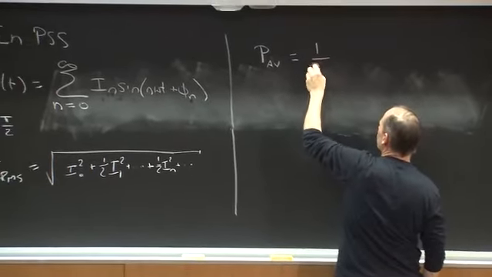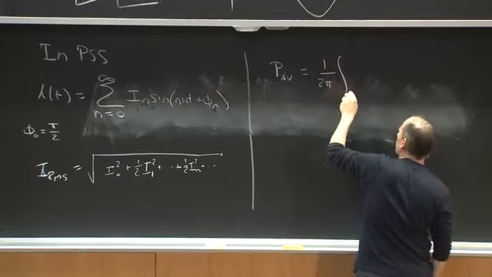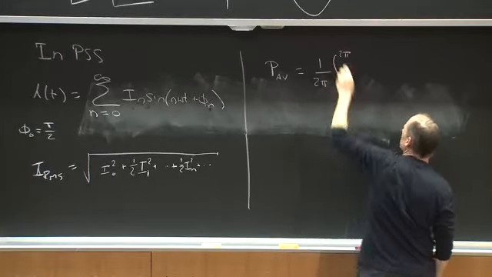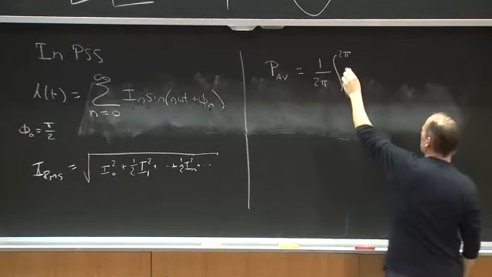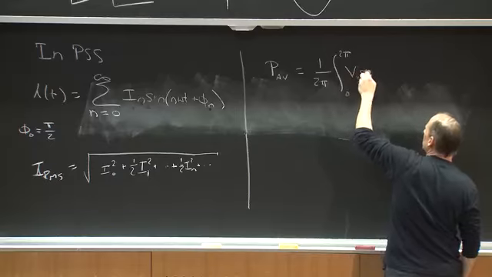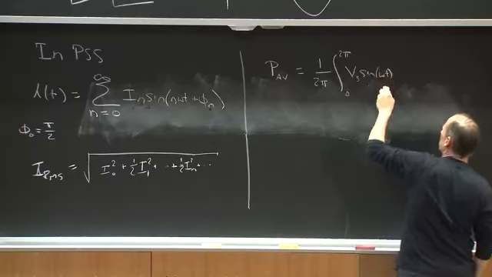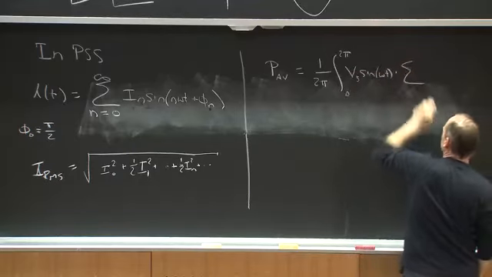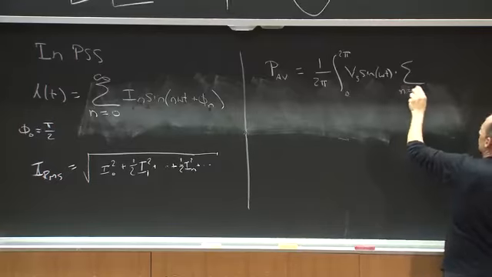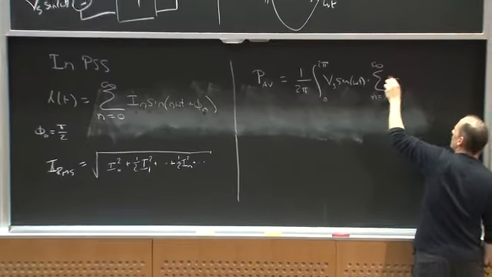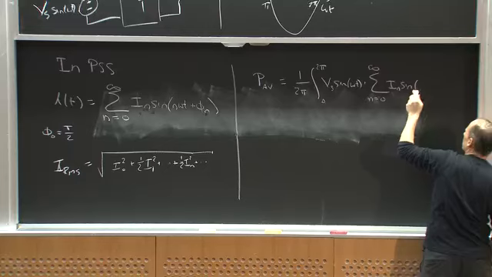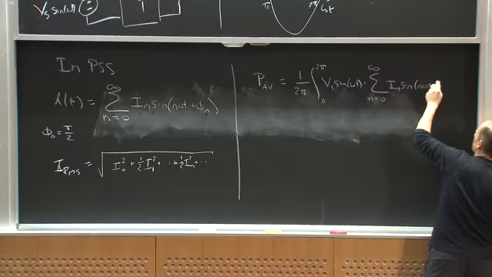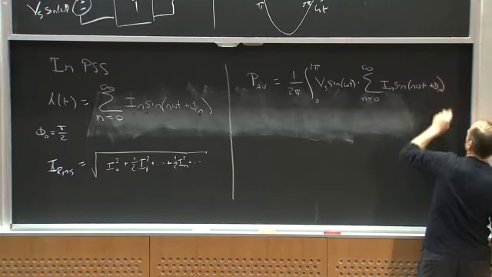So this would be 1 over 2 pi integral from 0 to 2 pi of Vs sine omega t times the summation n equals 0 to infinity of I sub n sine of n omega t plus phi sub n, d omega t.